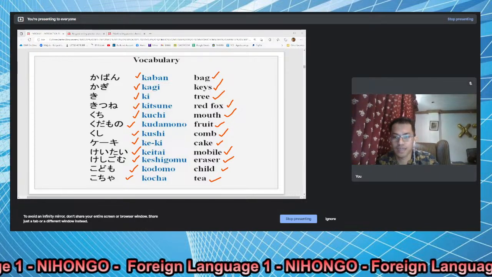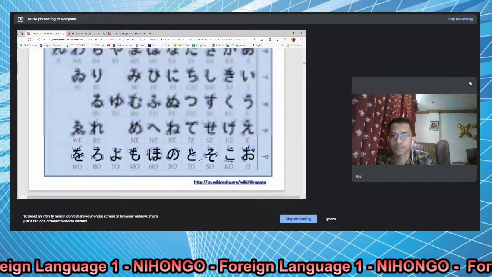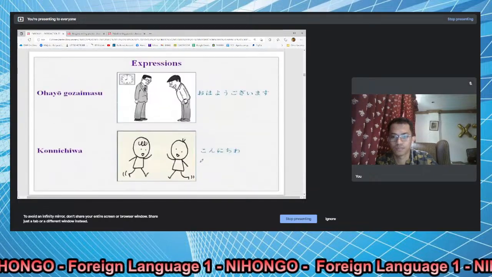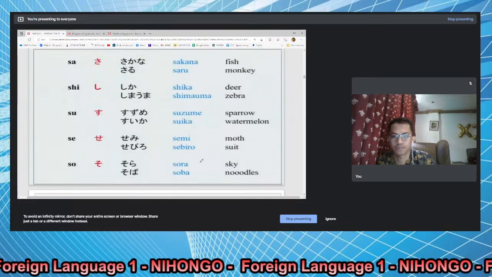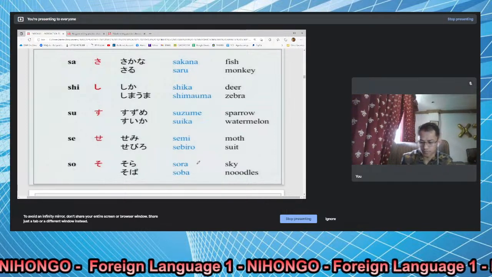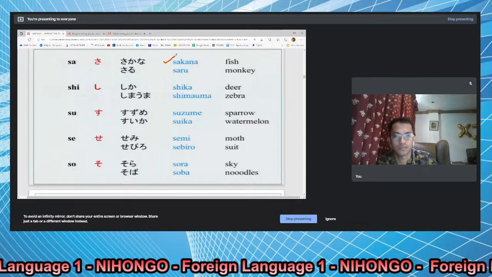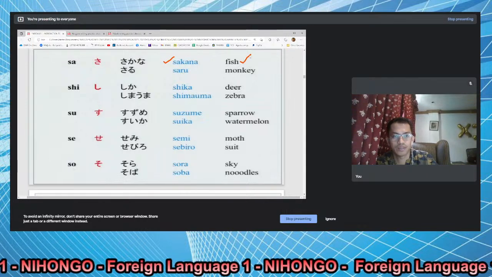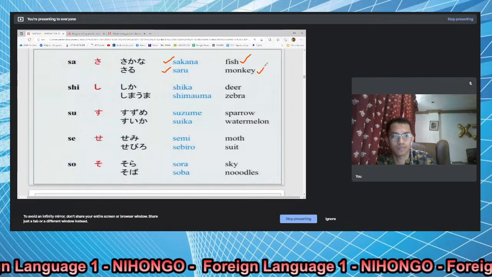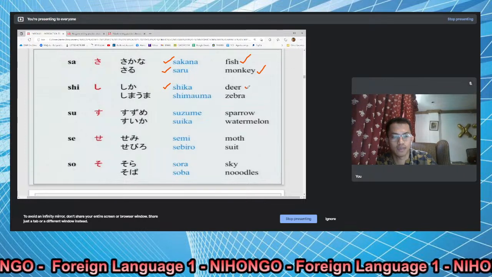And for the S group or S series, we have here sakana, which means fish. Saru, monkey. Shika, deer.